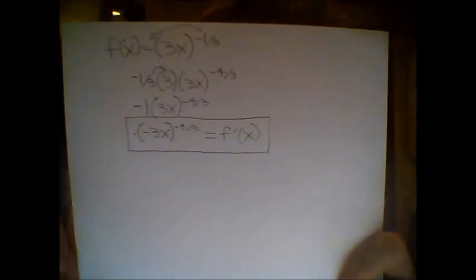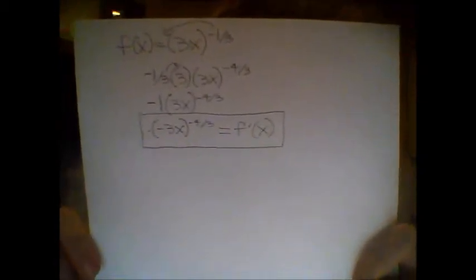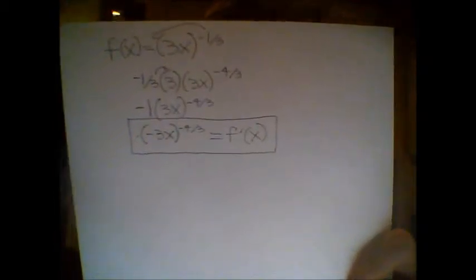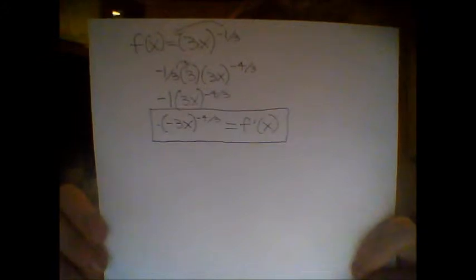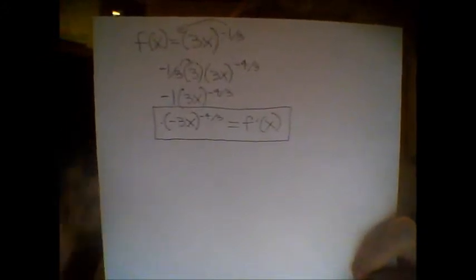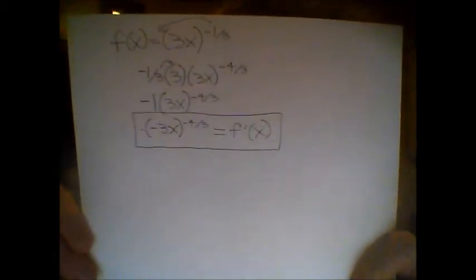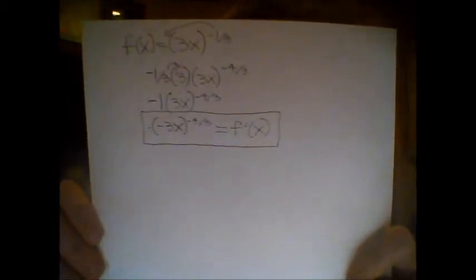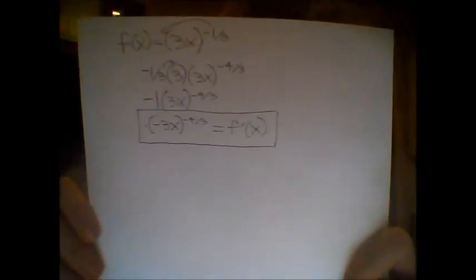So now you have negative 1/3 times 3, and then you rewrite the original equation, which was just 3x. And then you drop the power by 1. If you drop negative 1/3 by 1, it would be negative 4/3. So now your equation should be negative 1/3 times 3 times (3x) to the negative 4/3 power.